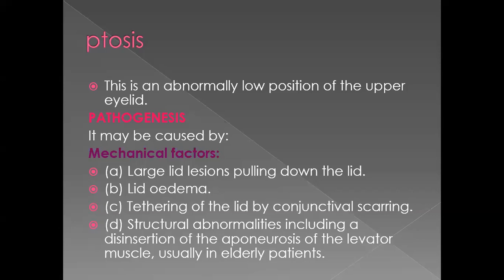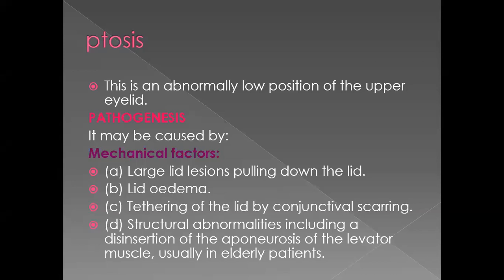The part of the conjunctiva that is present on the eyelid is called palpebral conjunctiva. And what is present in very close relation to it is the bulbar conjunctiva. So bulbar conjunctiva and tarsal or palpebral conjunctiva both face each other.